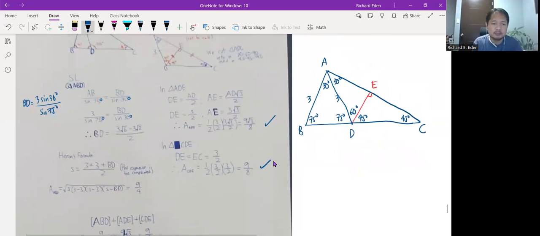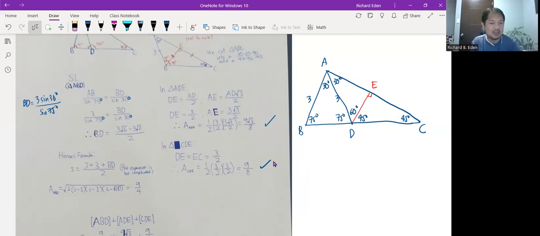Then what you did is you didn't show any more of the work here for the Heron's formula computation, but you got 9 over 4. Is that what happened? Next time, show it, because how did you end up with 9 over 4? You did the work anyway, right?